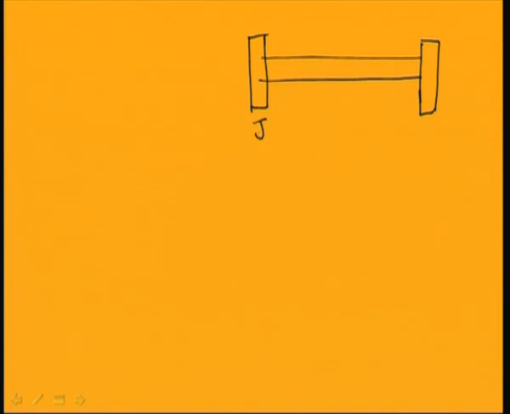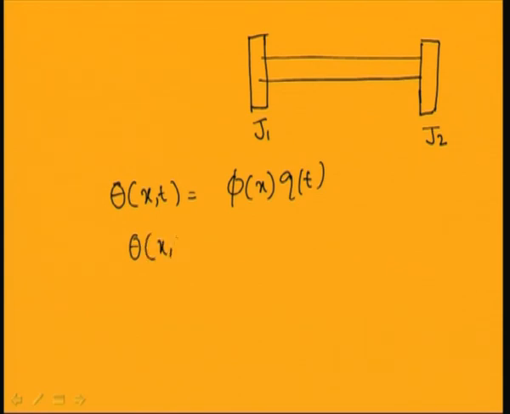One I write as J1 and the other as J2, and due to this I can write the general expression theta x t equal to phi x into q t.